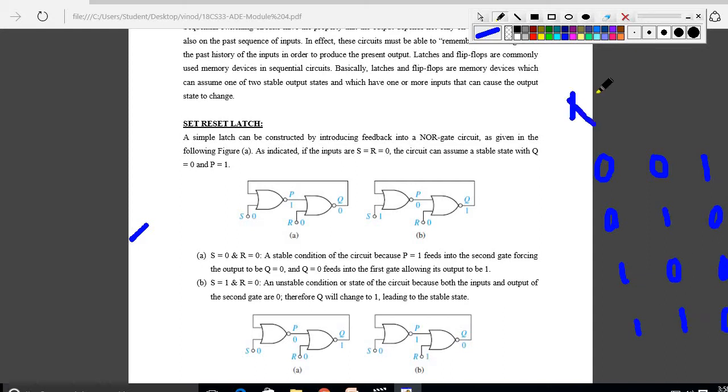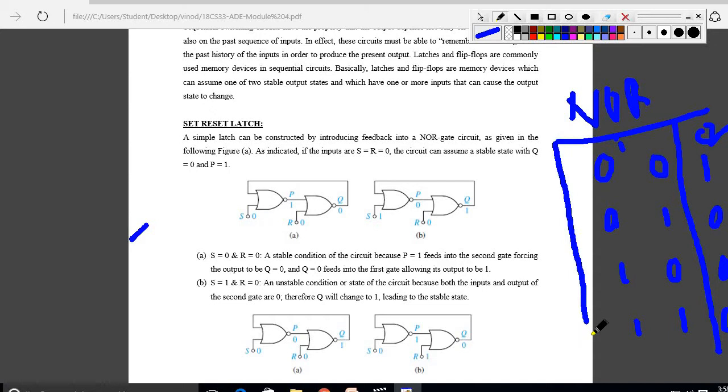So this is the NOR gate truth table, with the inputs and the output. See here, if both the inputs are 0 you will get 1, right? 1 0 means you will get 0.